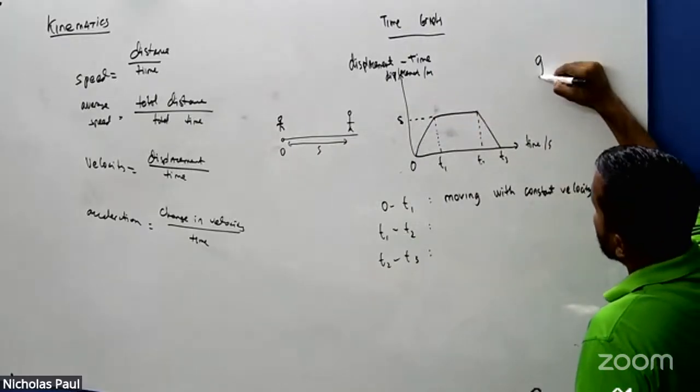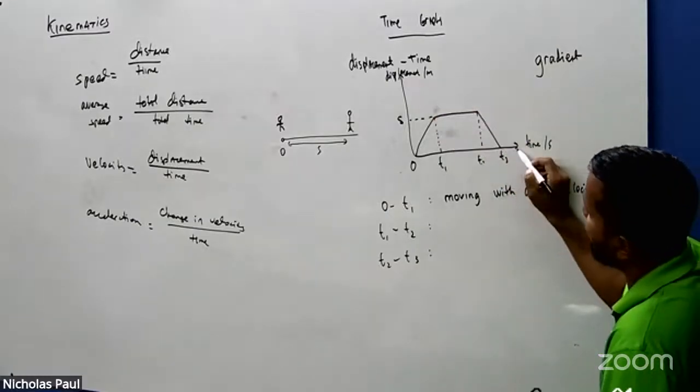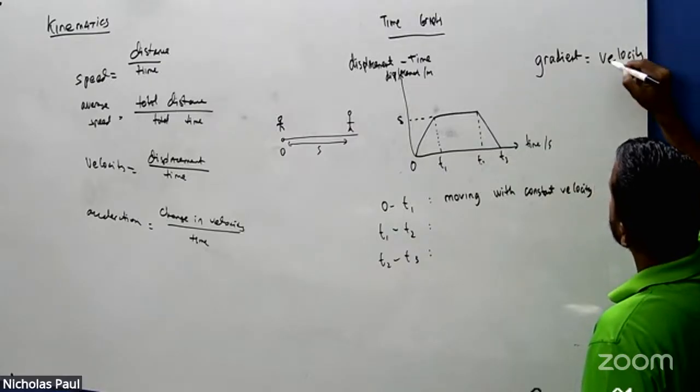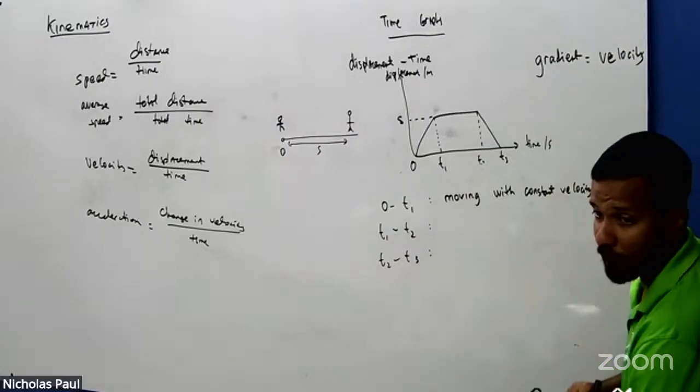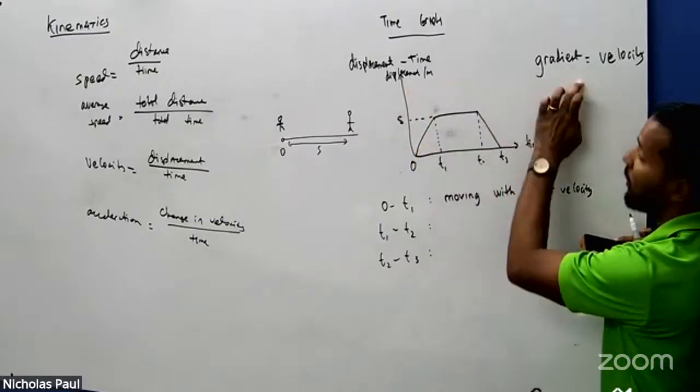So if I find the gradient of a graph like this, I will be finding the velocity. If I give you a displacement time graph, the gradient is velocity.